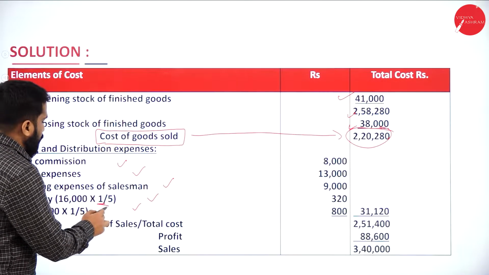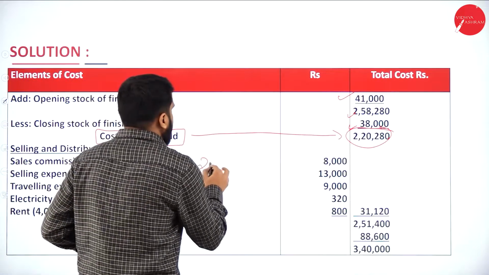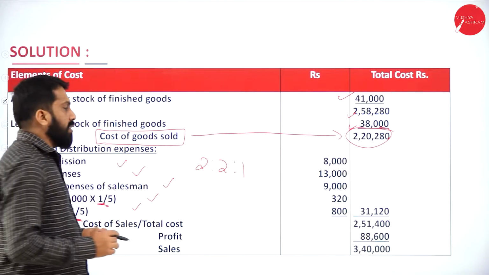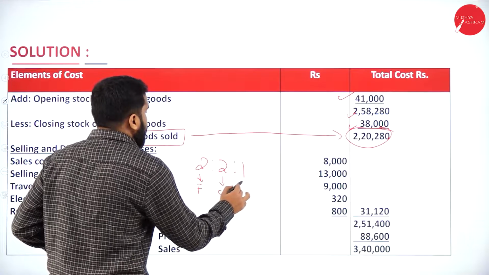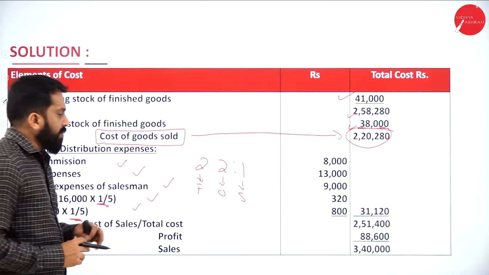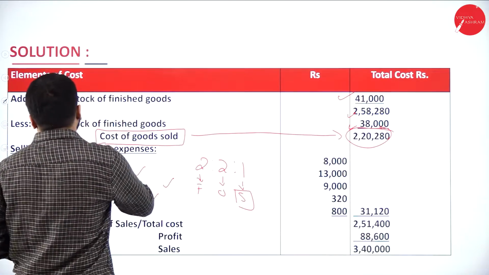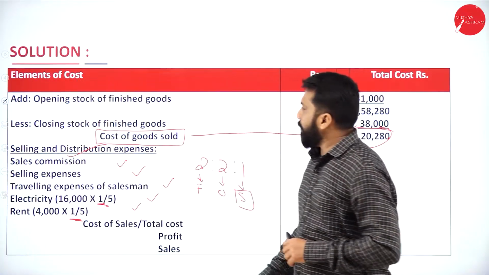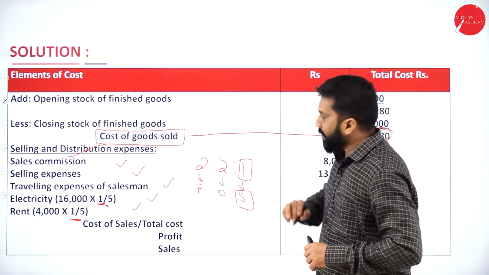So, as per 1 by 5, 1 by 5. Why is it 1 by 5? We had 2:2:1. This is for factory, this is for office, and this is for selling and distribution. Now, as per this, we are calculating your selling and distribution overhead, so we should go for the 1 ratio.